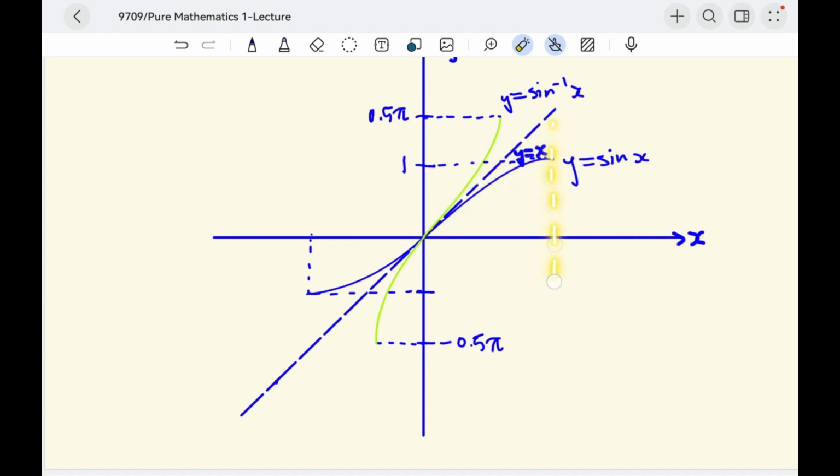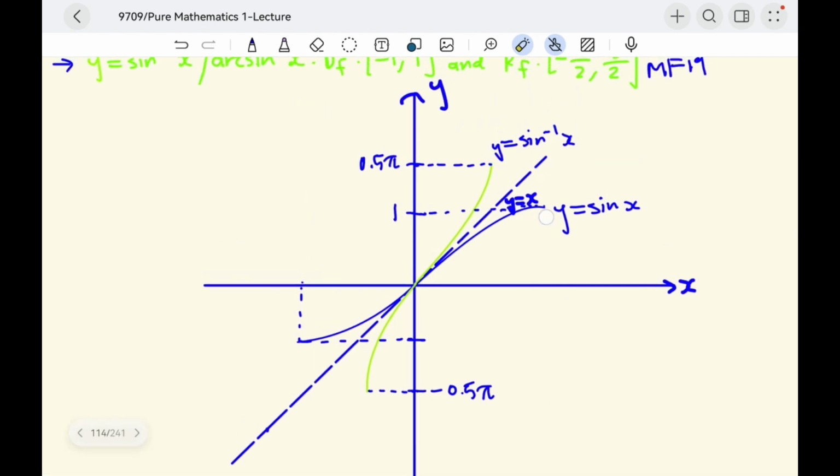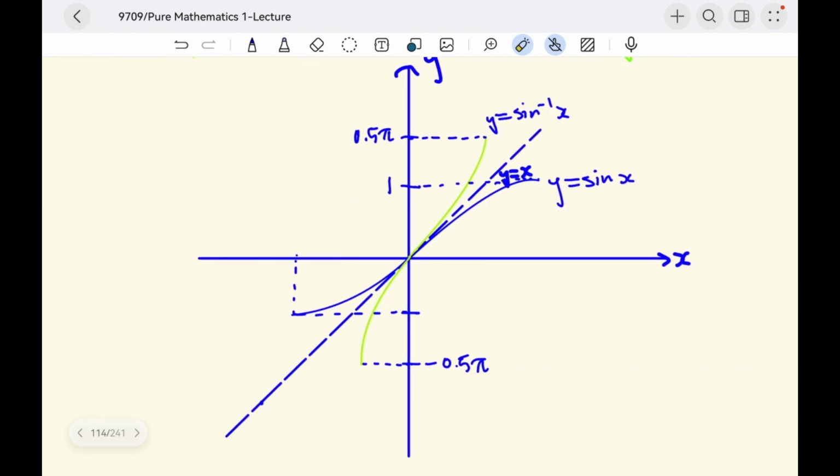So only the domain of sine from negative pi over 2 to pi over 2 can be defined to its inverse. So this is how its inverse looks like, from negative 0.5 pi to 0.5 pi. So this is the range of the inverse.